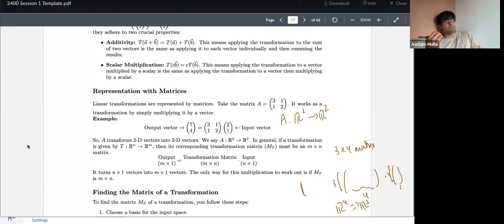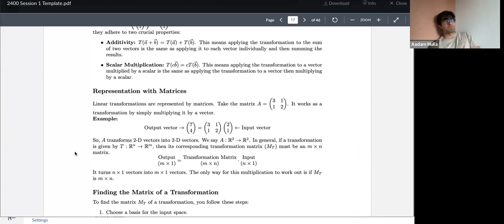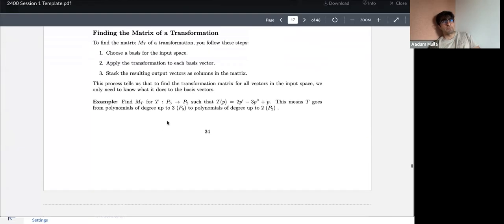Here's how we find the matrix of a transformation. Usually the problems are going to be like this: find the matrix of the transformation from P3 to P2.